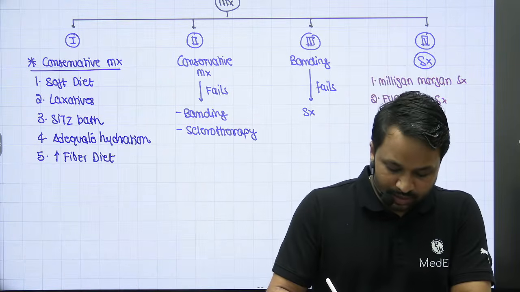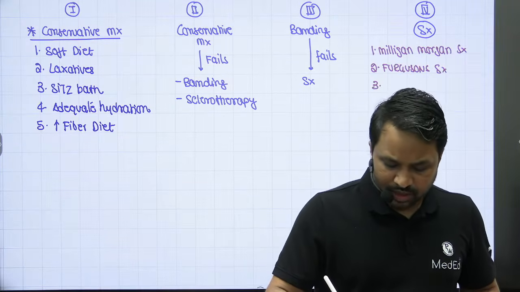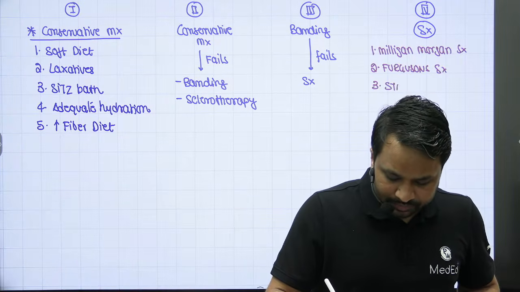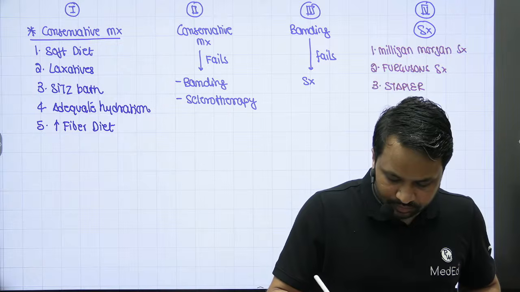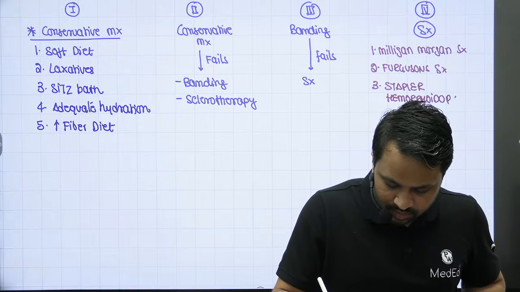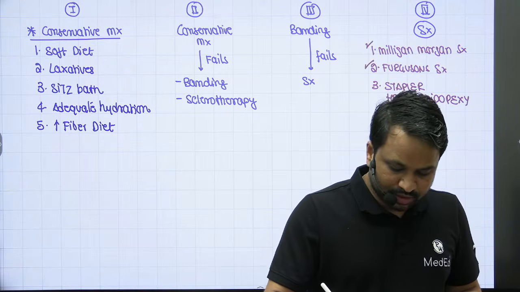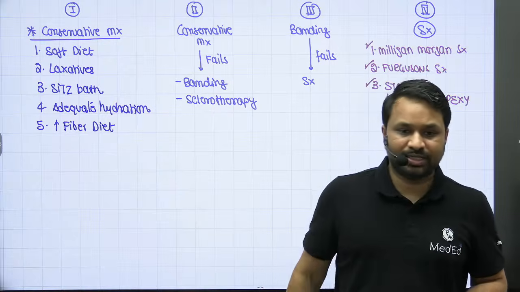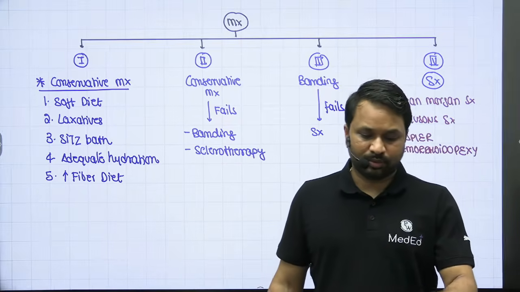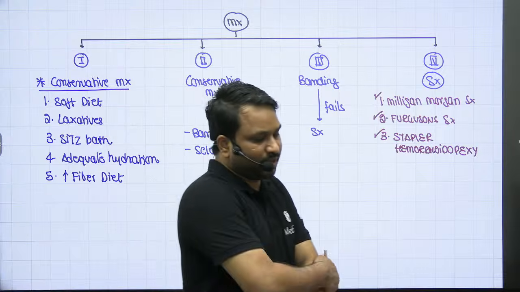The third one that you have is stapler hemorrhoidopexy. It is the usual circular stapler. So Milligan-Morgan surgery, Ferguson surgery and stapler hemorrhoidopexy can be performed in your hemorrhoidectomy, right? So these are with respect to management of the hemorrhoids.